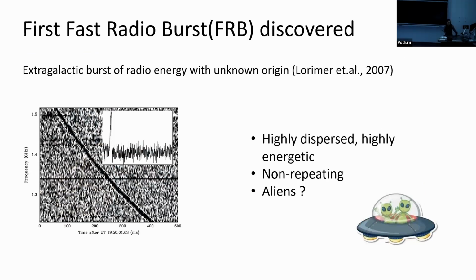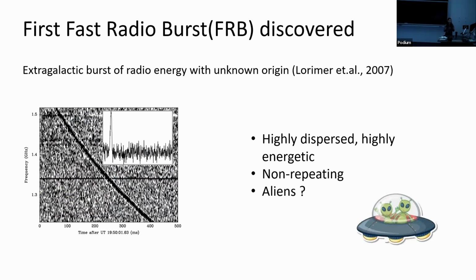Okay, so now that we have a little bit of a background on pulsars, let's talk about the first fast radio burst that was discovered. It was discovered in 2007, and as you can see, there's a dispersion sweep. And so the difference between this and an average pulsar is that it was a lot more dispersed.